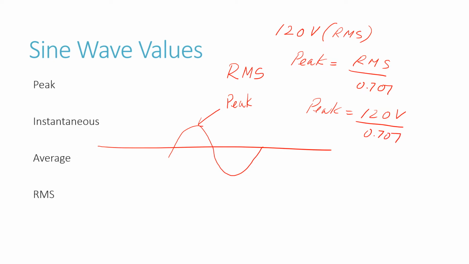So 120 divided by 0.707 gives 169.7 volts, approximately 170 volts to three significant figures. Okay? So that's the peak.